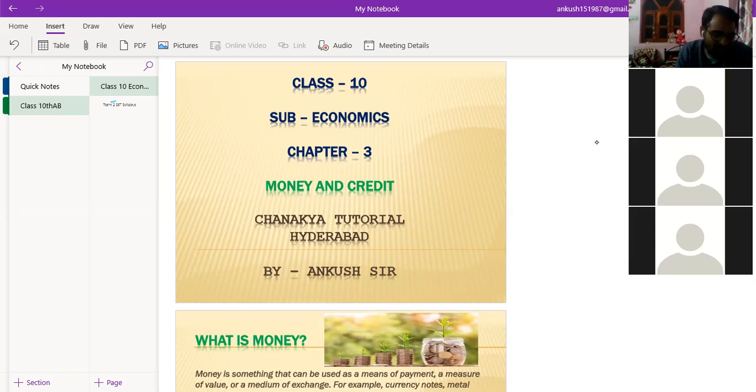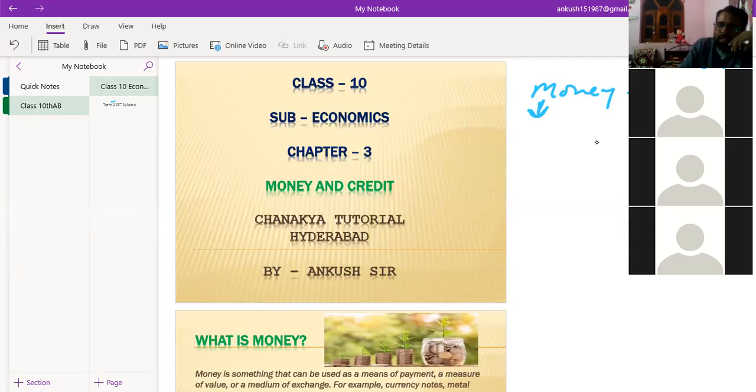So in this session we are going to study the use of money and why only money. This term credit I will introduce later. First of all we'll learn about money.